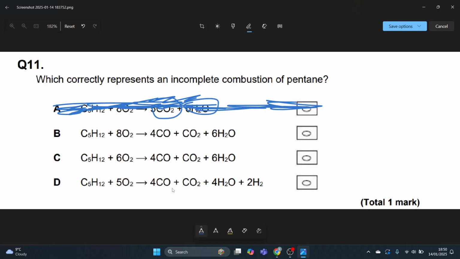Now, would I form carbon? In each of them, I'm forming carbon monoxide, forming carbon dioxide, whereas in D, I'm forming H2O and hydrogen. Now I've got 4 carbons there, 5 carbons there.